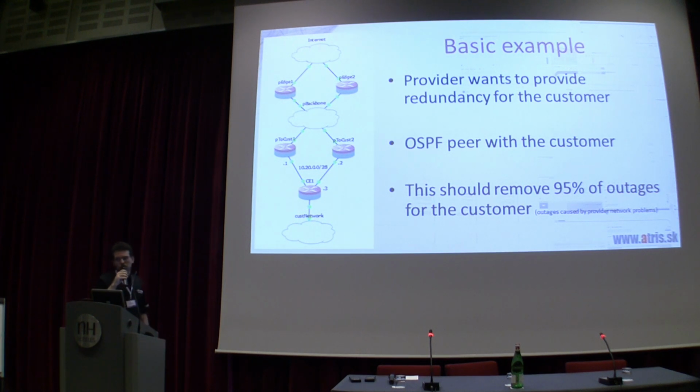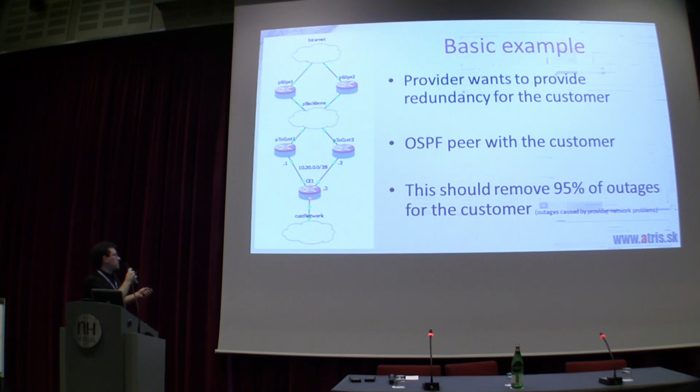So fiber as the main route, wireless as the backup, or wireless as the main route, and DSL as a backup. It doesn't matter what layer 2 is, as long as it's Ethernet and can transfer IP on layer 3. Just like this, we would provide a completely redundant link to our customers, and this should remove 95% of outages for the customer. Of course, we are talking about outages which are caused by provider network problems, not by the customer himself.